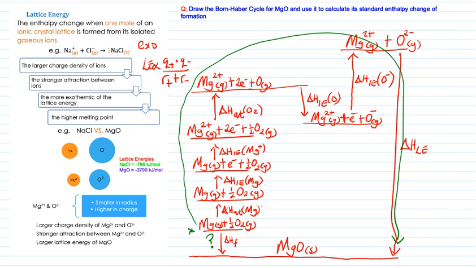The value we already know is plus 248. The lattice energy we knew it's minus 3790. Then this is plus 844. This is minus 141.